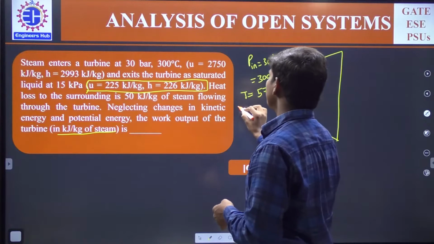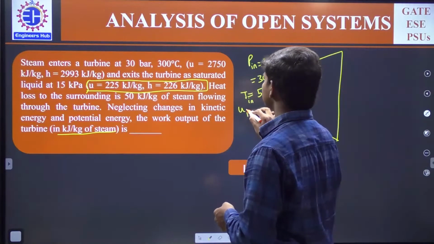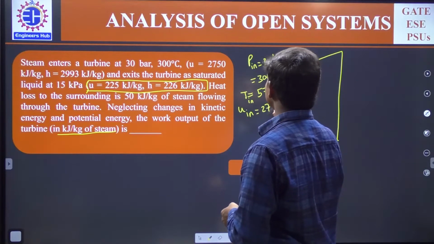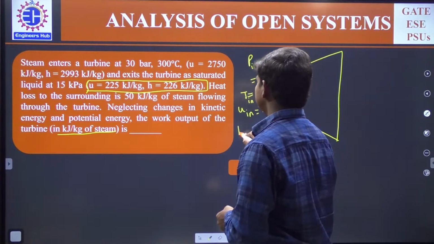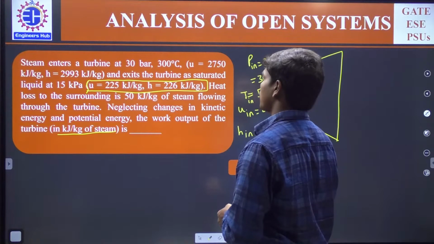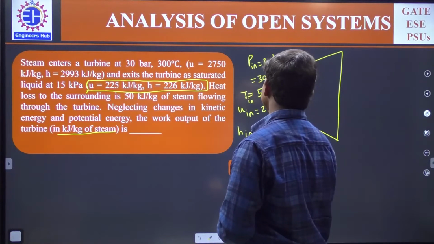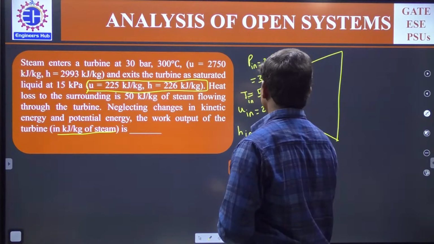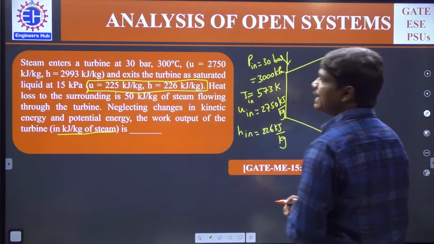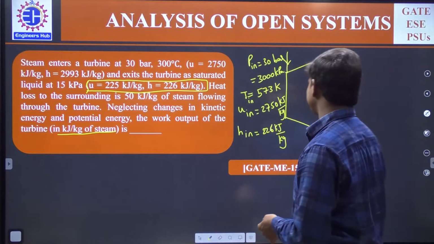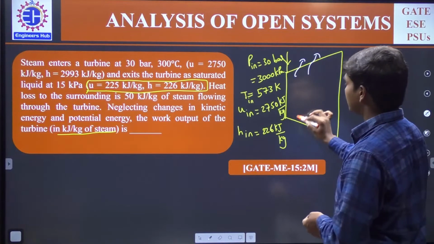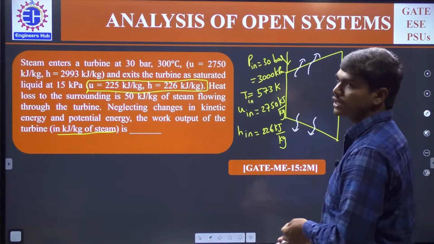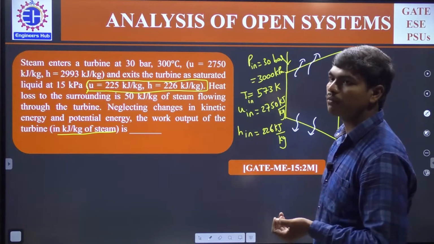Okay, so U at inlet condition is 2750 kilojoule per kg, and H at inlet is also equal to 2993 kilojoule per kg. Next, heat loss to the surroundings is 50 kilojoule per kg. So definitely there is some heat loss from the turbine. Whatever your insulation levels might be, some energy gets lost in the form of heat.